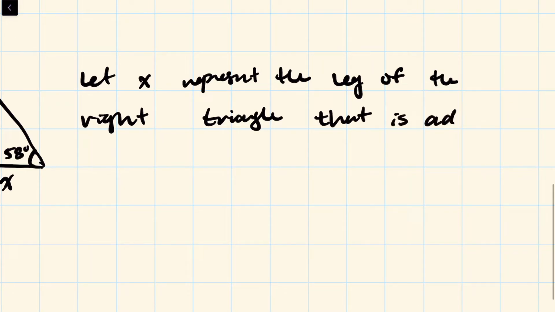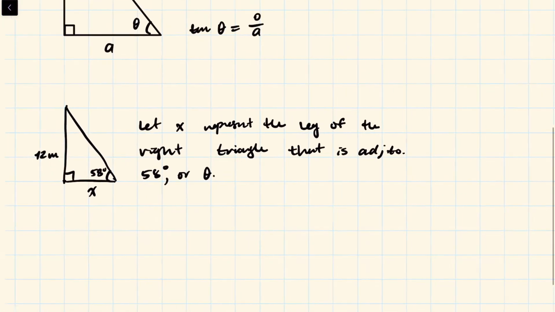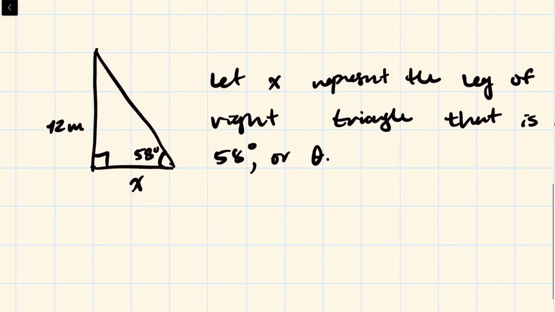I should say 58 degrees. So a leg of a right triangle, by the way, is either of those sides. Those are both legs, and then this is the hypotenuse.